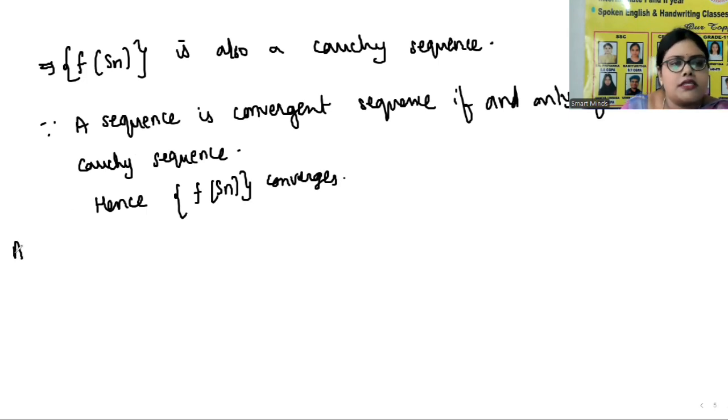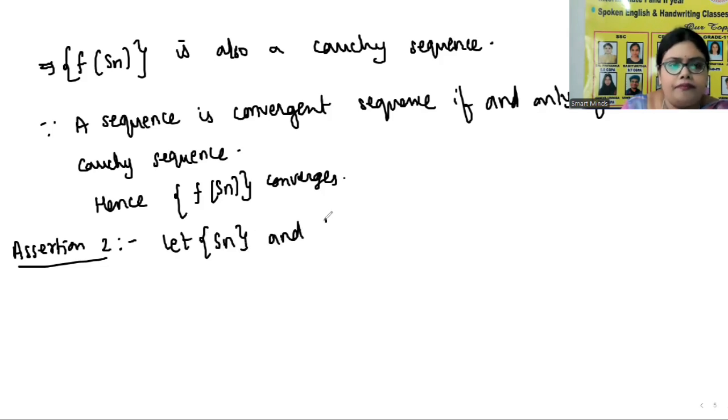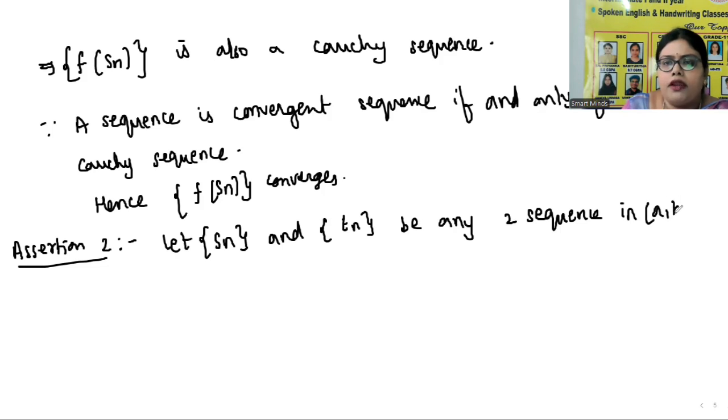Now let us take assertion number 2. What is assertion 2? Let Sn and Tn be any two sequences in open interval (a, b), both converging to a.